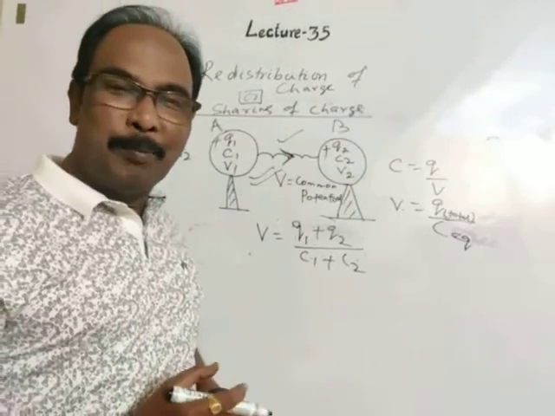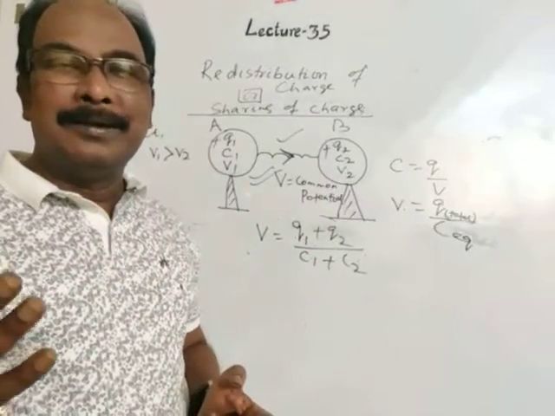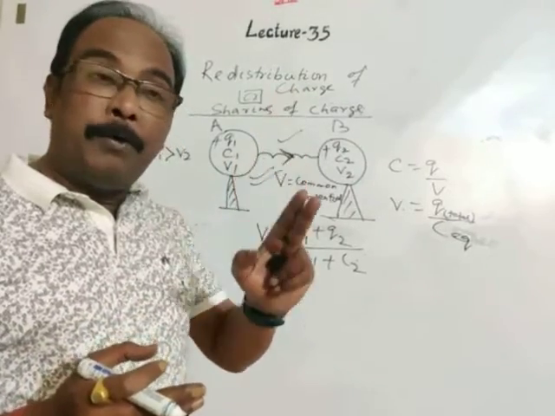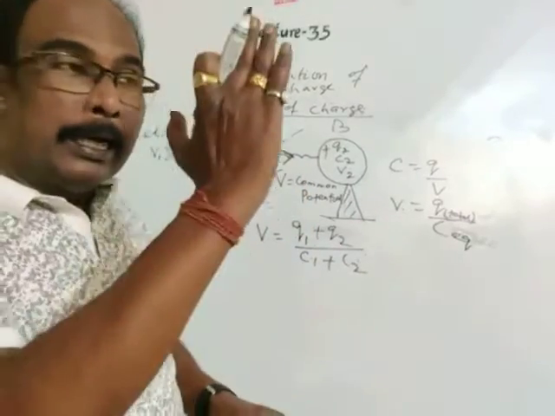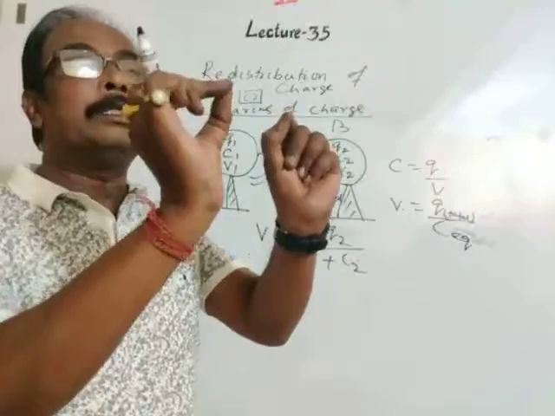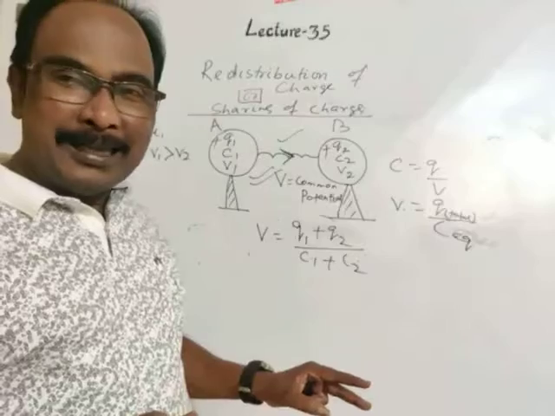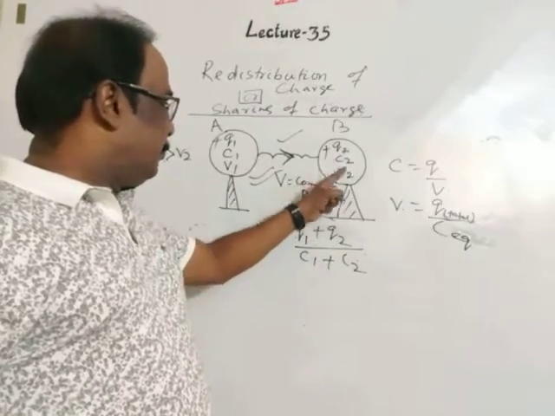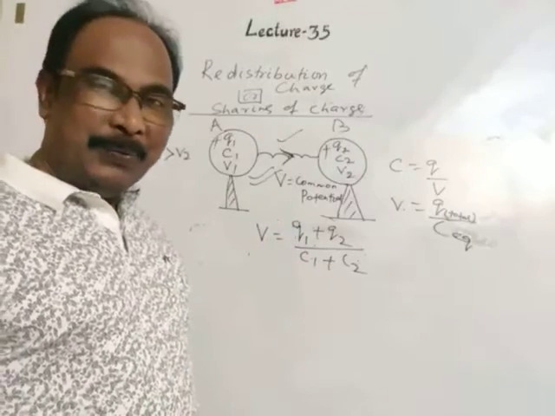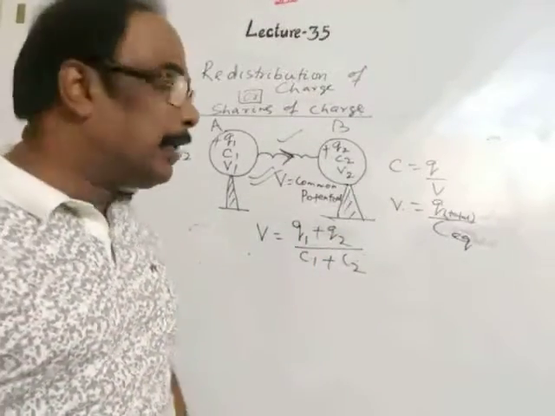In a parallel combination, all the capacitors are at the same potential, which means the first plates of all the capacitors are connected to a common point, and the second plates of all the capacitors are connected to a common point. So the potential difference between the plates of all capacitors is the same. This is our basic concept. So, since both the bodies or both the capacitors are at a common potential, the equivalent capacitance is C1 plus C2. This is the formula for common potential.